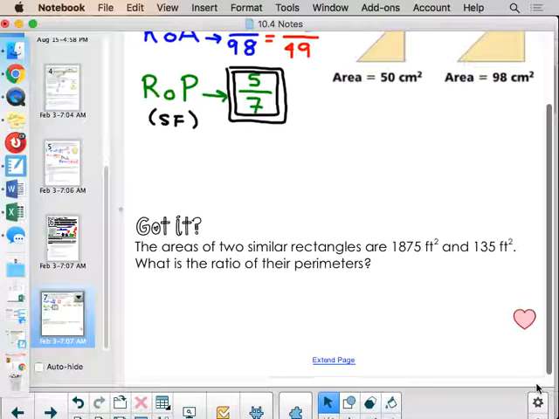If it makes you feel better, your ratio will have to have a square root left in it. So always double check to make sure you simplify though as far as you possibly can go.